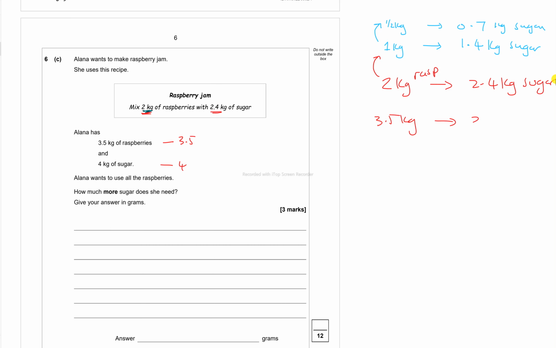Can you see what we're doing with this? Now we're just setting it up. Now watch this. I need 3.5 kilograms. So if I add 2 kilograms, 1 kilogram and half a kilogram, I end up with 3.5 kilograms of raspberries. So I need 2.4 plus 1.4 plus 0.7.